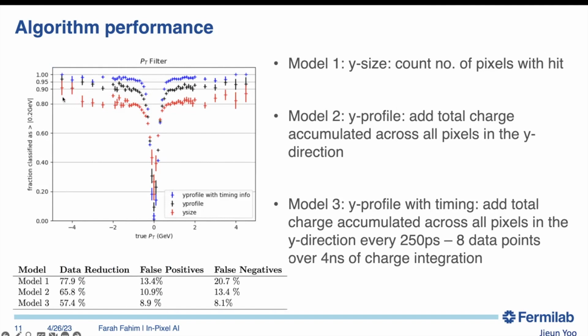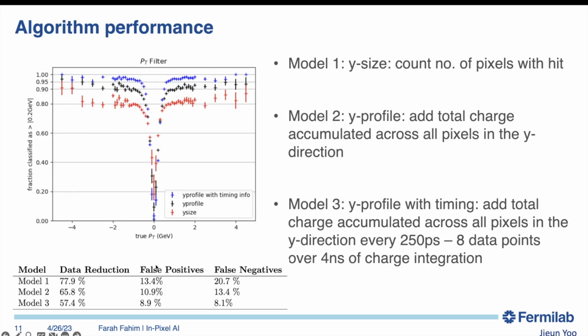So here then is what we get with Y size. You can see it's about 80% efficiency for -2 GeV, and you are rejecting a lot of data. You're rejecting something like 78% of the data, but you get something like 13% false positive.